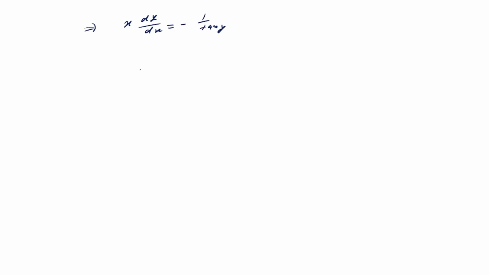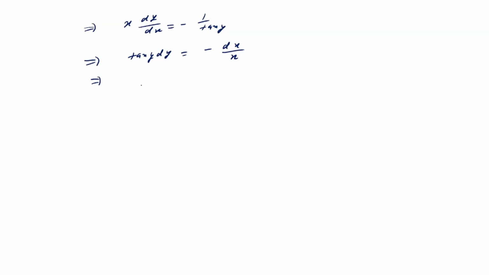I am just breaking it. This implies that tan y dy is equal to minus dx upon x. You can keep this in the left hand side, or you can also keep it in the right hand side, no issue.